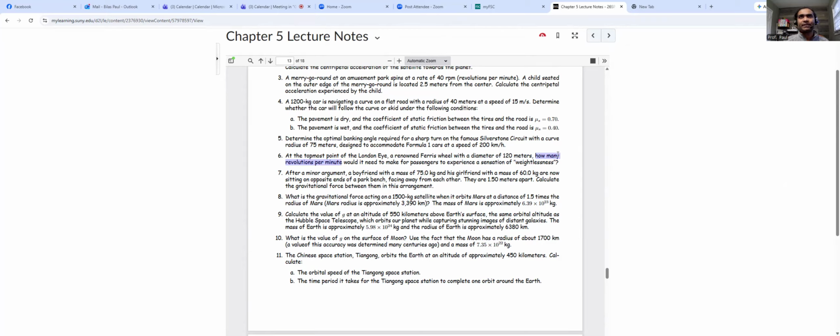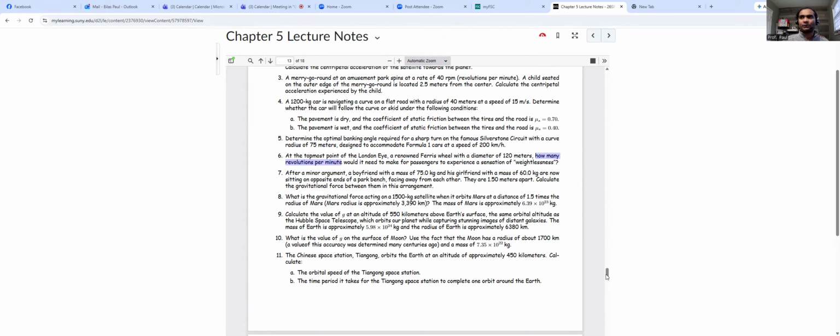But you know, the regular unit of frequency is revolutions per second, or cycles per second, which we call hertz, right? Here it asks us to calculate RPM, so that means it is frequency. And the third thing is weightlessness. Weightlessness means, remember, Fn equal to 0. Okay, all right, so remember this.